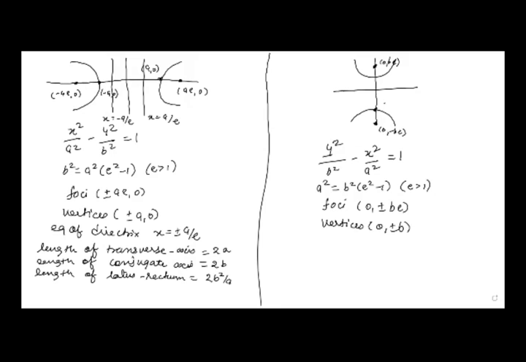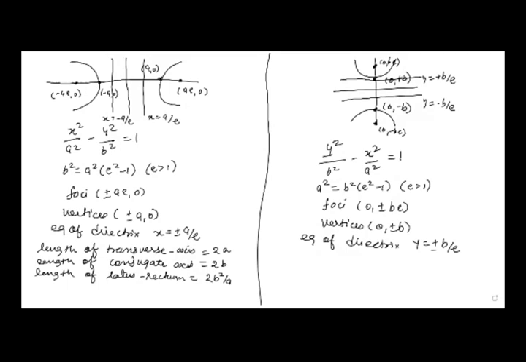This is 0 comma minus b, and this is 0 comma plus b. Right. Equation of directrix: y is equal to plus minus b by e. This will be y is equal to minus b by e, and this will be y is equal to plus b by e. There will be some distance between them.